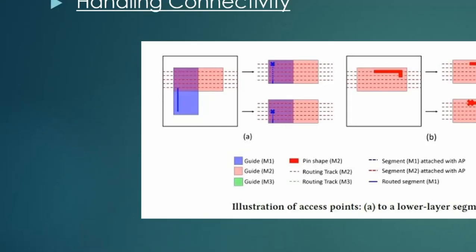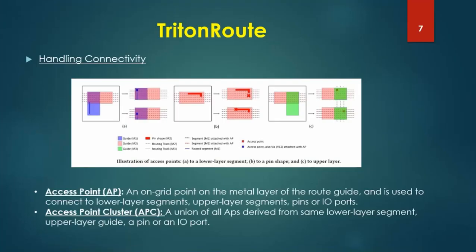I'll just highlight this with the pen. So if you can see in this pic, this is one point where you can place the via for connectivity. This is the second point, and this is the third point. I think the third point has already been shown in the pic.